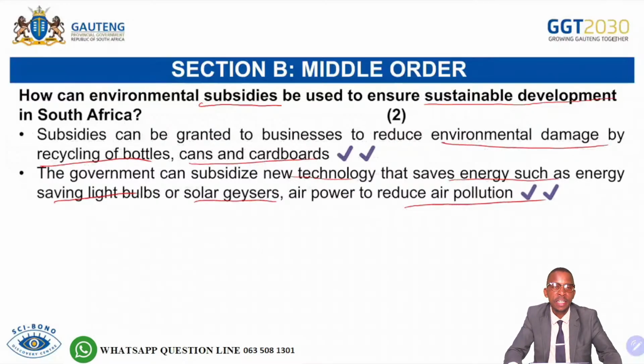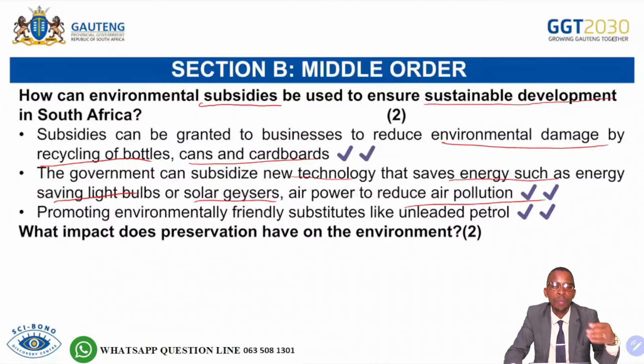Businesses that are on energy can be attracted and encouraged to use solar energy that is sustainable to the environment, because we are using the resources in a manner that is sustainable. We are using them in a manner that will keep them intact even for future generations.